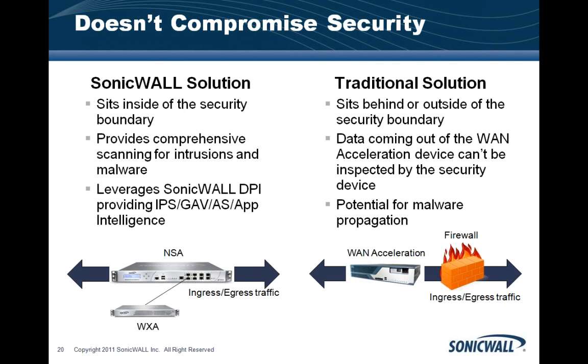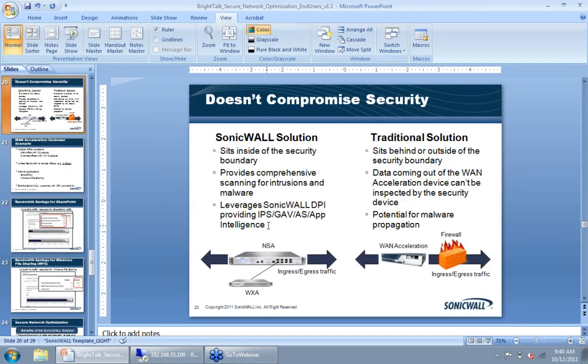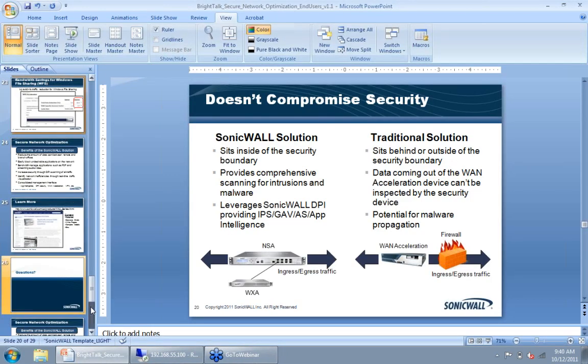If I stick it outside the firewall and terminate VPN there, then I have trouble with how do I do WAN acceleration for VPN traffic coming through? So there are a lot of challenges when it comes to introducing WAN acceleration into the marketplace.